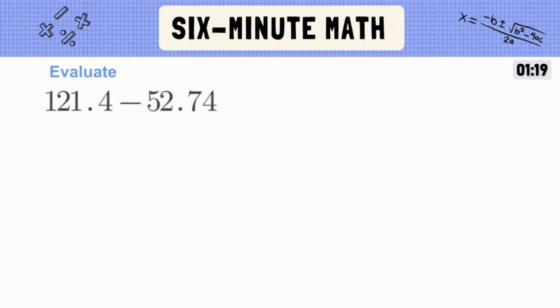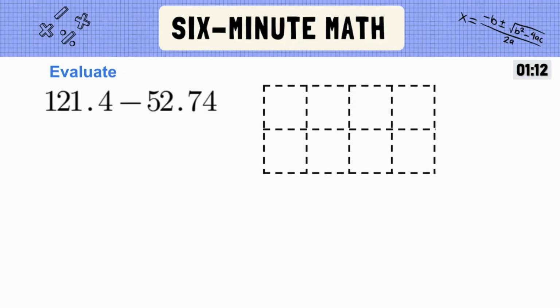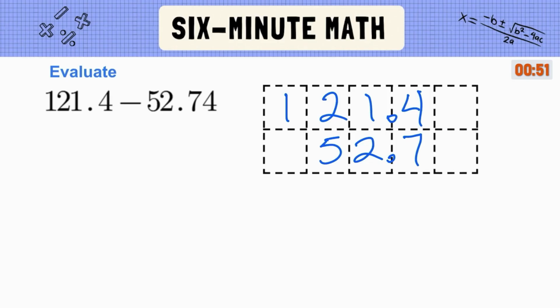On to our last example here, where we have 121.4 minus 52.74. So I am going to have my place value chart, 121.4, and I'm going to line up that decimal with 52.7, and I've run out of space, so I'm actually going to add another box in, and I'm going to fill that with a placeholder 0.